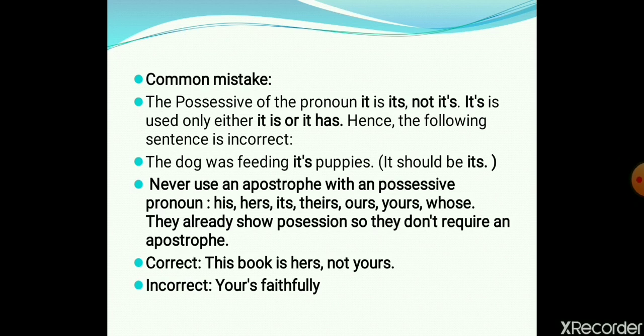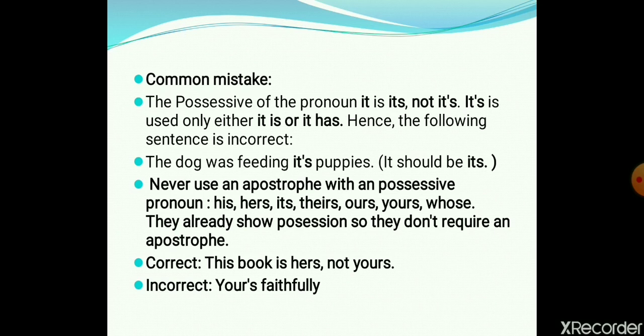The possessive of the pronoun it is its, not it's. It's is used only for either it is or it has. Hence the following sentence is incorrect: The dog was feeding it's puppy. So over here, as I have told you, whenever you see an apostrophe, that means certain letters are omitted from there, right?